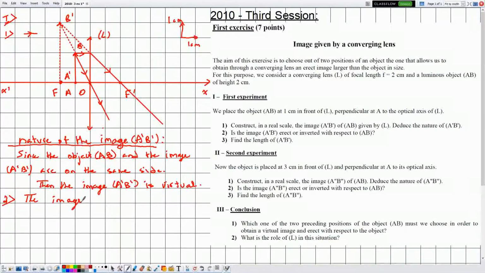The image A prime B prime is erect with respect to the object AB.